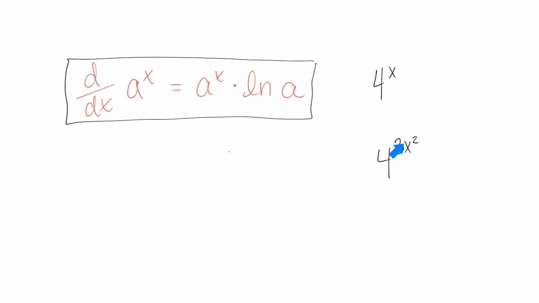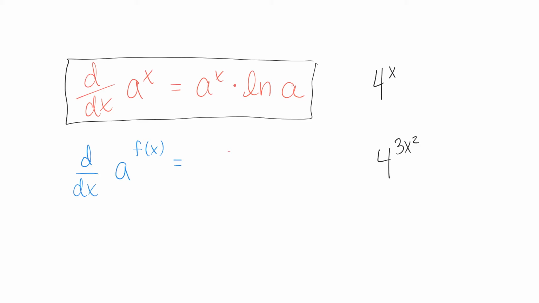So 3x squared has a derivative. The notation is the derivative of a to the f of x. I'm not really doing anything differently. I just want you to see that the exponent can be a function of itself.